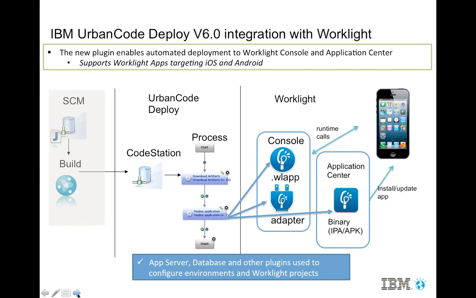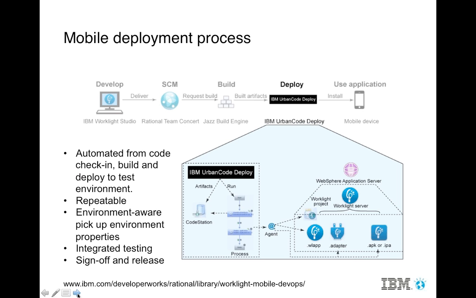So that's the output of our build. So we're able to get our hands on the artifacts, and then we can go and deploy the application. And this is why we covered the 3 artifacts earlier that a Worklight deployment consists of. So we have the client-side binary application, and we have the server-side artifacts, which are the adapters in the Worklight application as well.